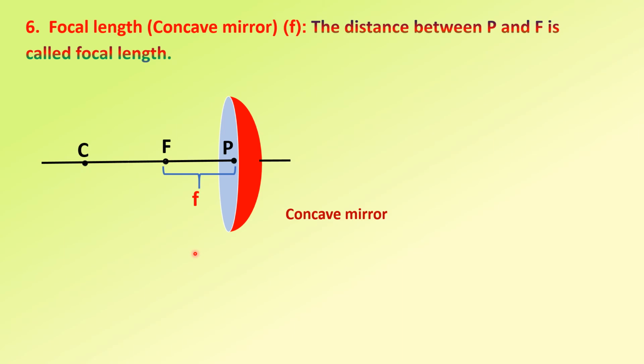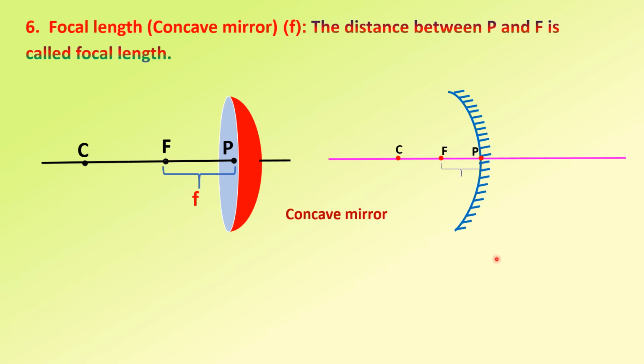It is denoted by the letter small f. The same here I am showing by using the symbol. P, C and F is there in between, and this is the principal axis. So from here to here it is called as the focal length f. Okay.